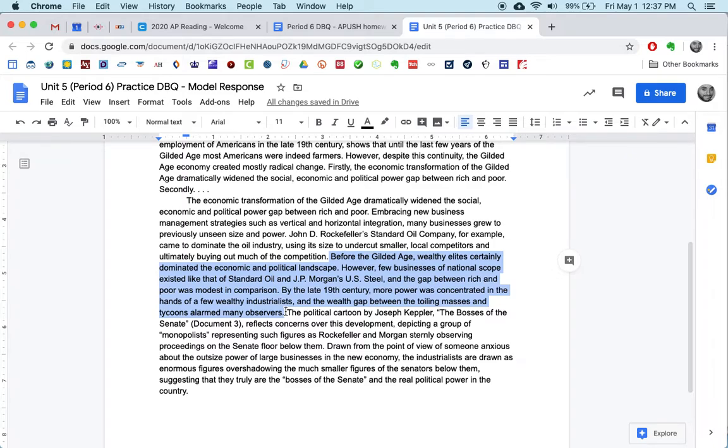Before the Gilded Age, wealthy elites certainly dominated the economic and political landscape. However, few businesses of national scope existed like that of Standard Oil and J.P. Morgan's U.S. Steel, and the gap between rich and poor was modest in comparison. By the late 19th century, however, more power was concentrated in the hands of a few wealthy industrialists, and the wealth gap between the toiling masses and tycoons alarmed many observers.